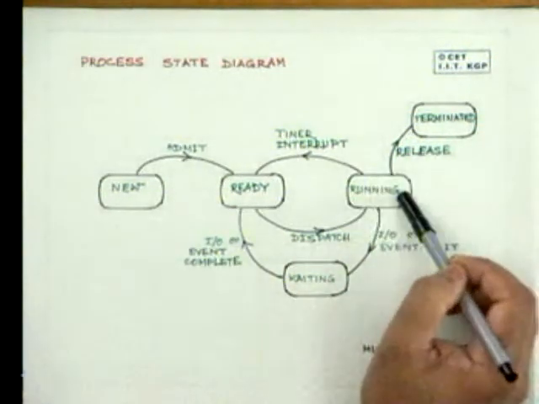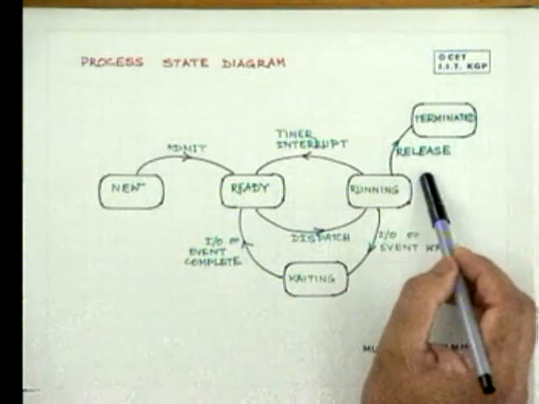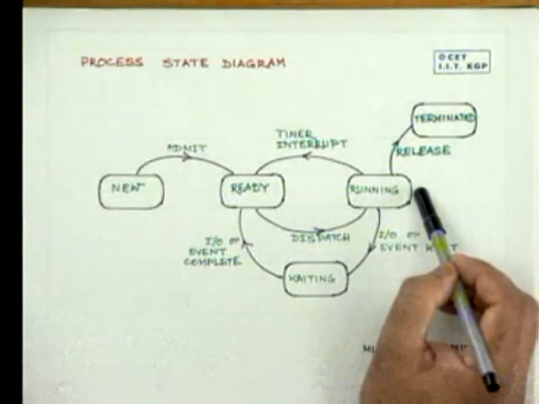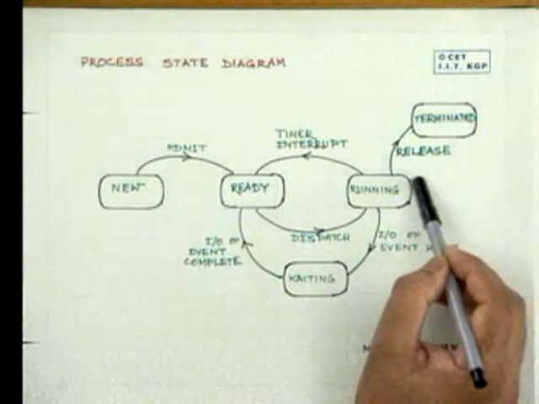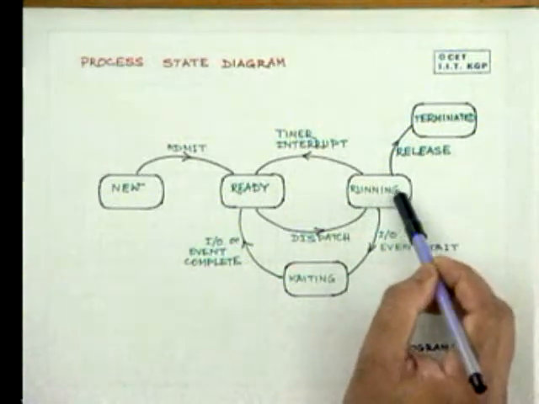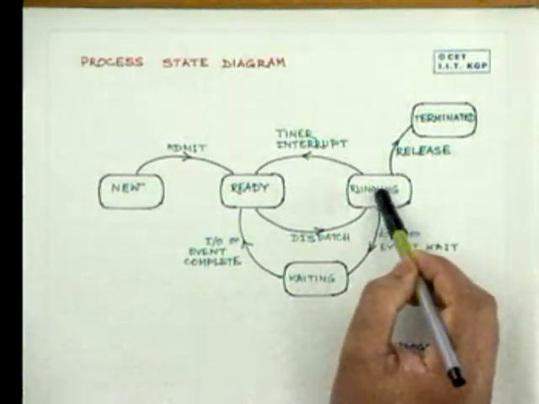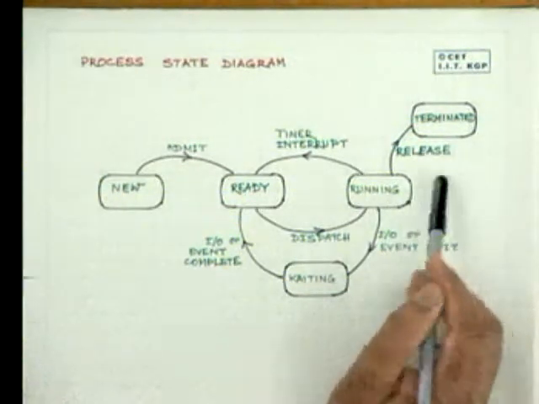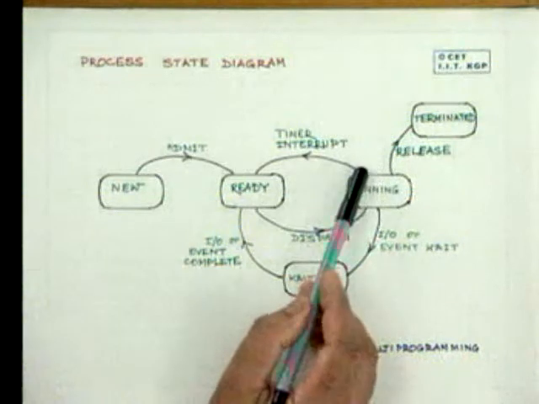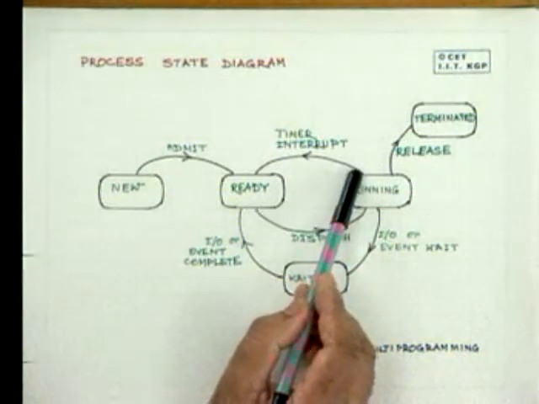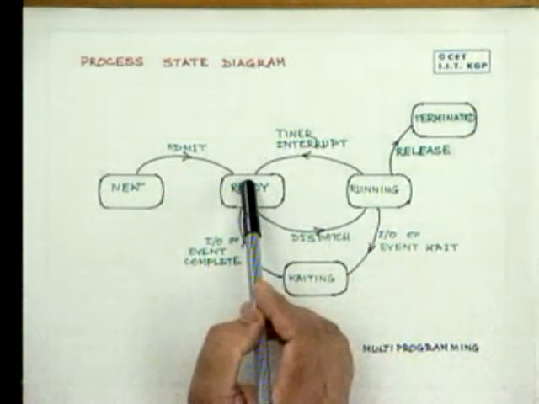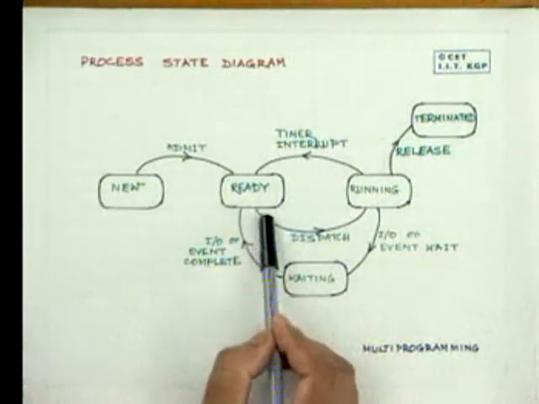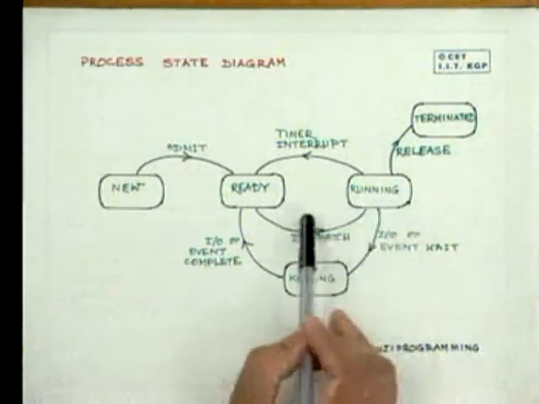And in the meantime, if the time interval that was allocated to the process is over, and within that interval this particular process issued no IO request, then that process is forcibly taken out of the processor and put back into the ready state. And another process is given a chance to have the processor.